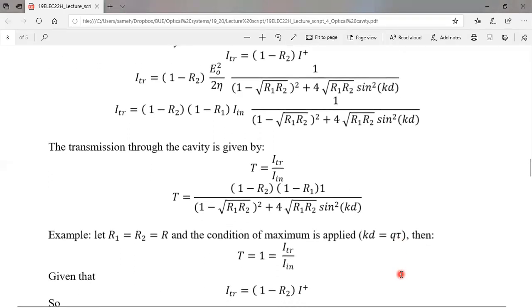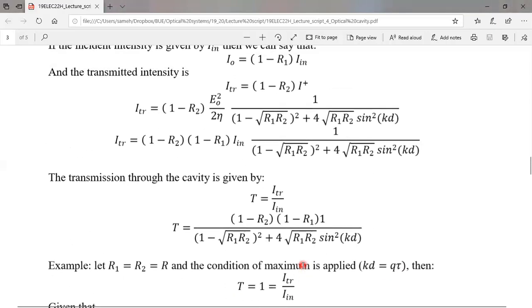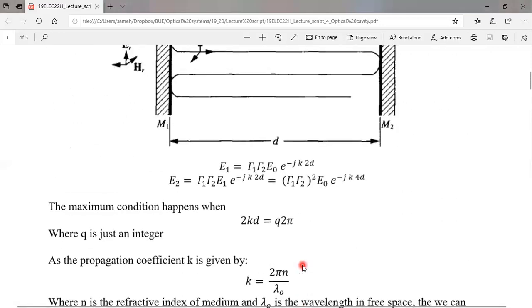Let's now return to this equation. I believe this equation we previously learned, that the amount of light transmitted, I transmitted, equals 1 minus R2 times I incident. If you remember, let's return to the cavity here.